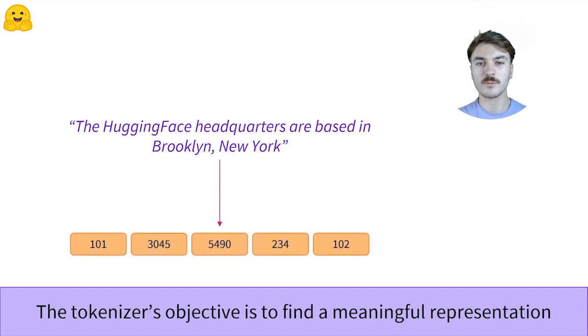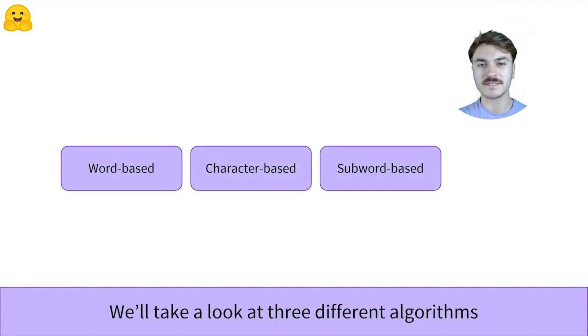There are several possible approaches to this conversion, and the objective is to find the most meaningful representation. We'll take a look at 3 distinct tokenization algorithms. We compare them one-to-one, so we recommend you take a look at the videos in the following order. First, word-based, followed by character-based, and finally, subword-based.